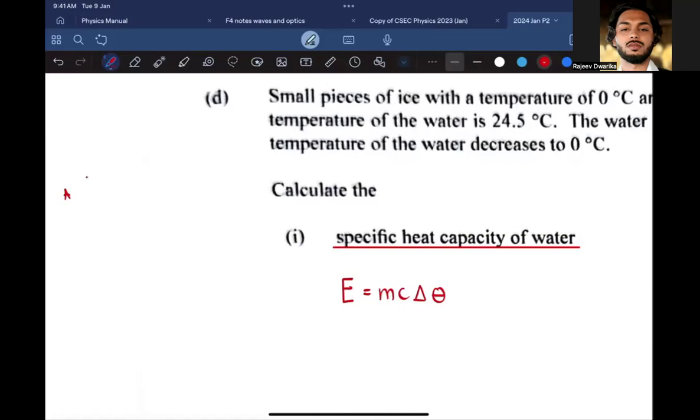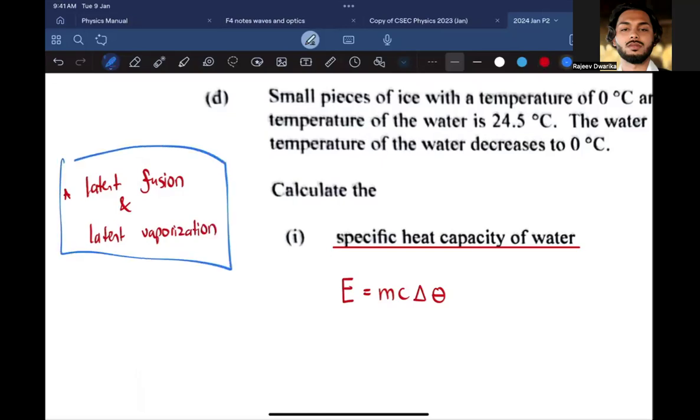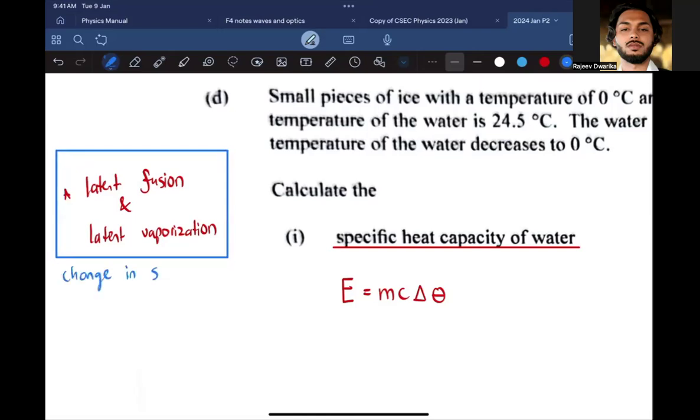The formulas for latent fusion and latent vaporization deal with a change in state. Anytime you see a change in state, you use these. No change in temperature.